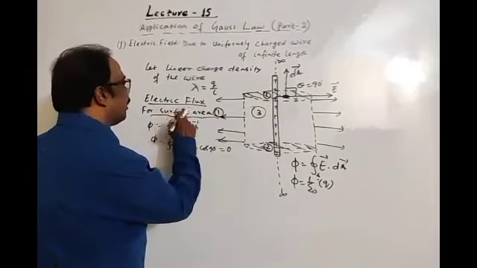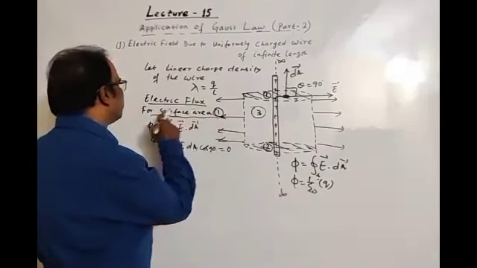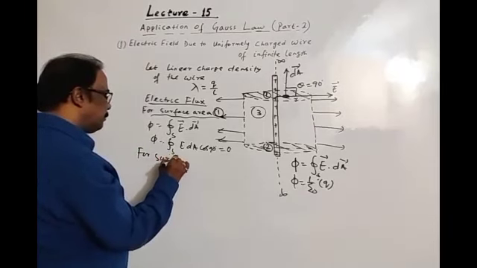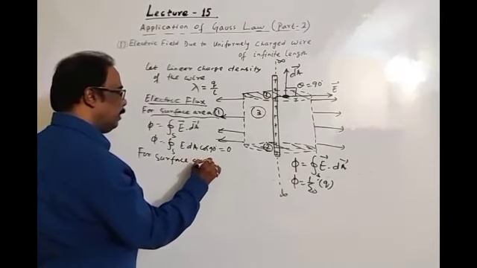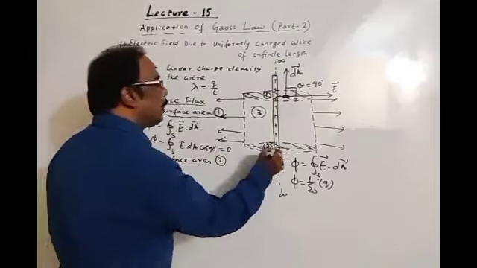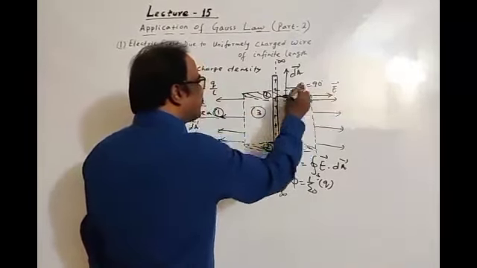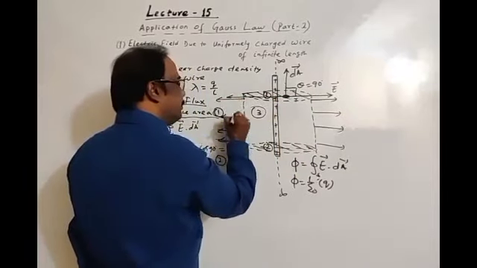Similarly, we may also use this for surface area 2. For surface area 2, again you may consider the electric field either towards right or towards left.